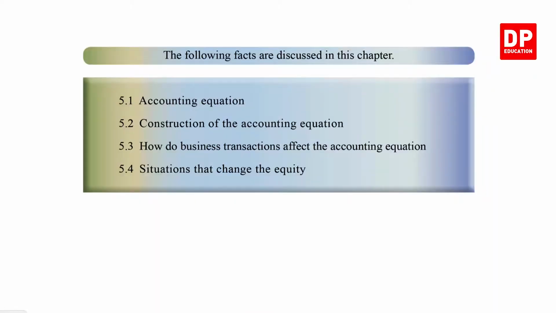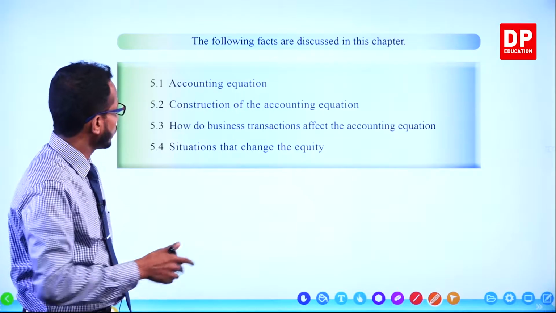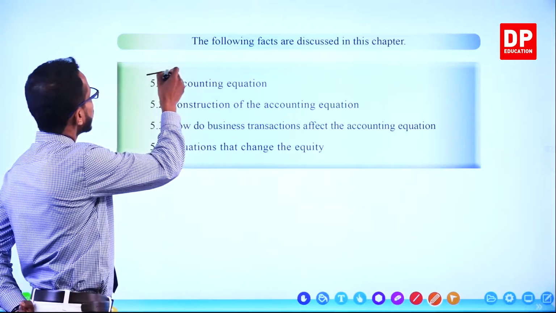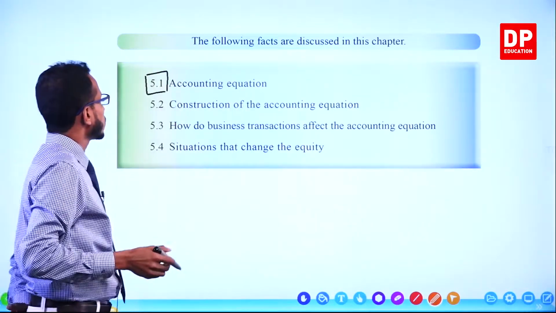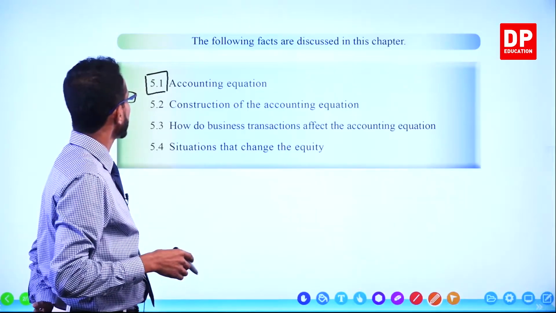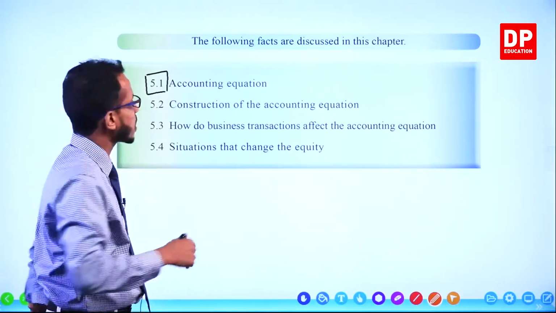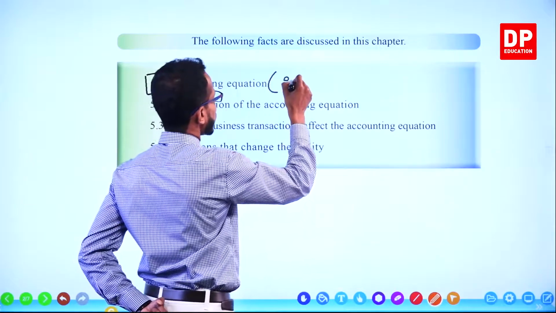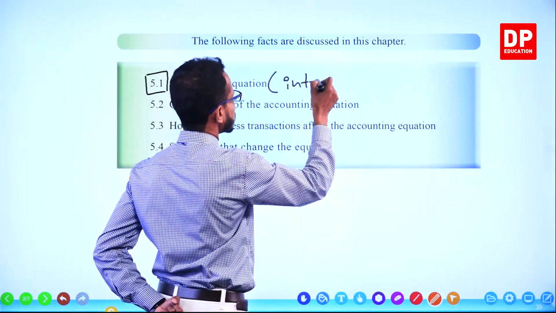Going forward, there's a simple breakdown of your subtopics. Under the main topic, topic number 5, we have 5.1, the first subtopic, accounting equation. That is an introduction, so I will write introduction.